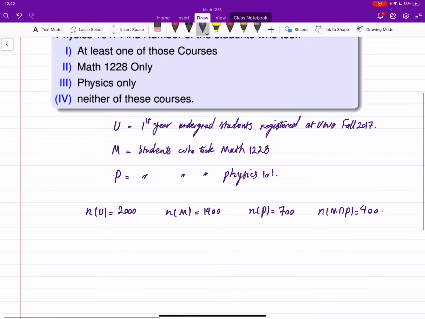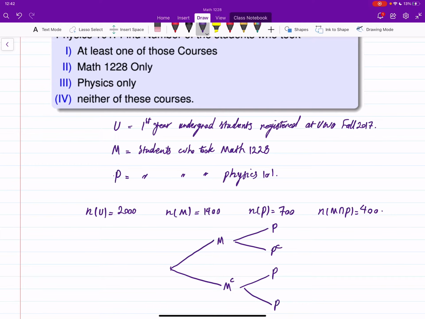So let's first start drawing the tree for this question. I will start with math first. So those who took math, those who didn't, then the ones who took physics, not physics, physics, not physics. Now, remember the rules here. In the root, we put N of U, which in this case is 2000.